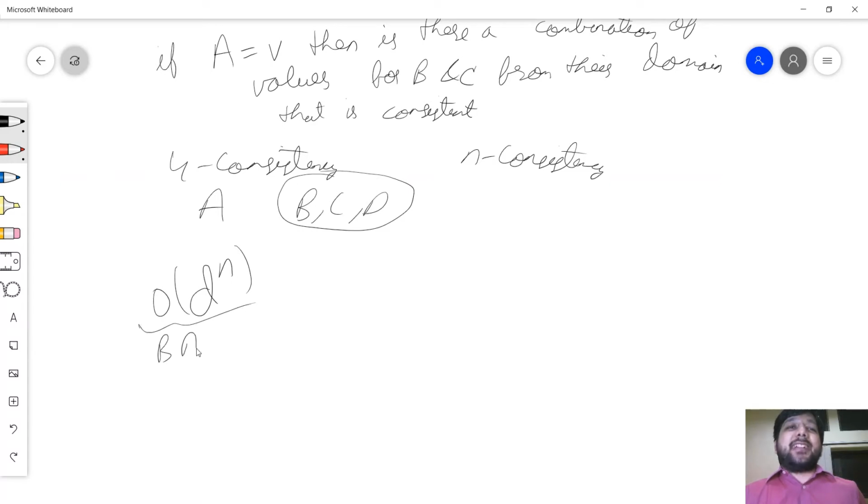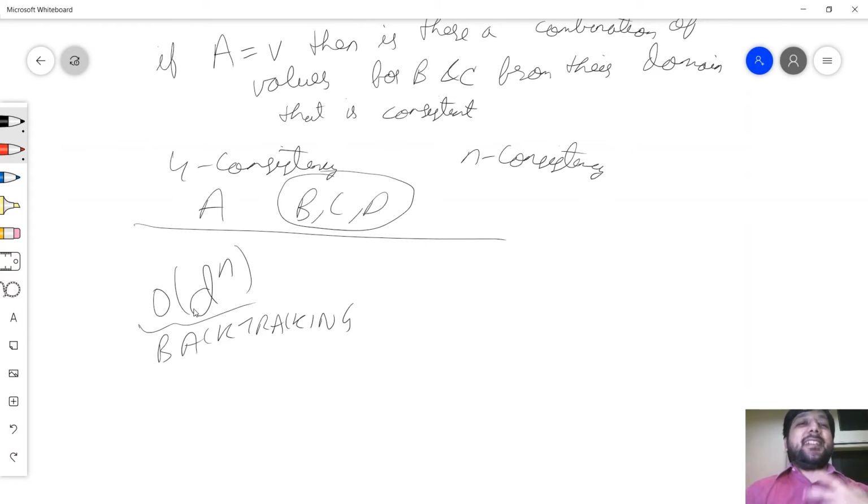This is backtracking. I said I'll not reduce this complexity, but I'll apply two consistency, three consistency, four consistency, and that will add something to my prediction capability.